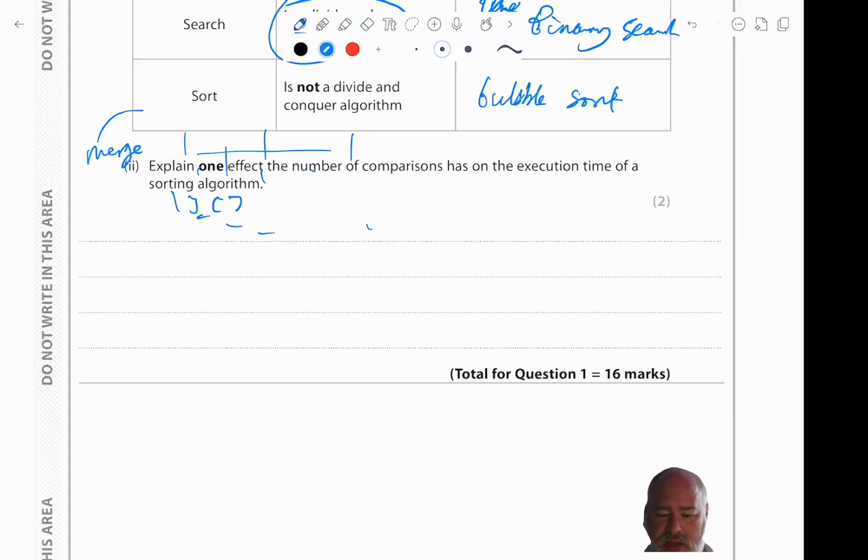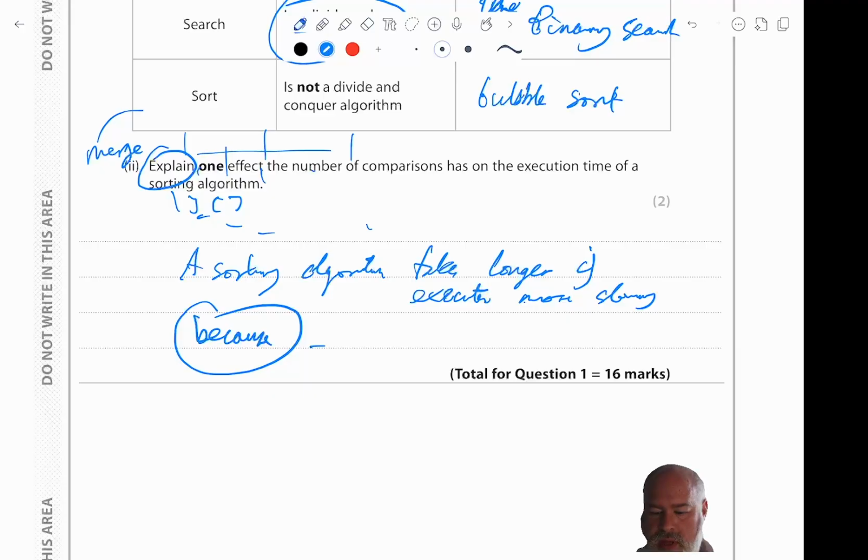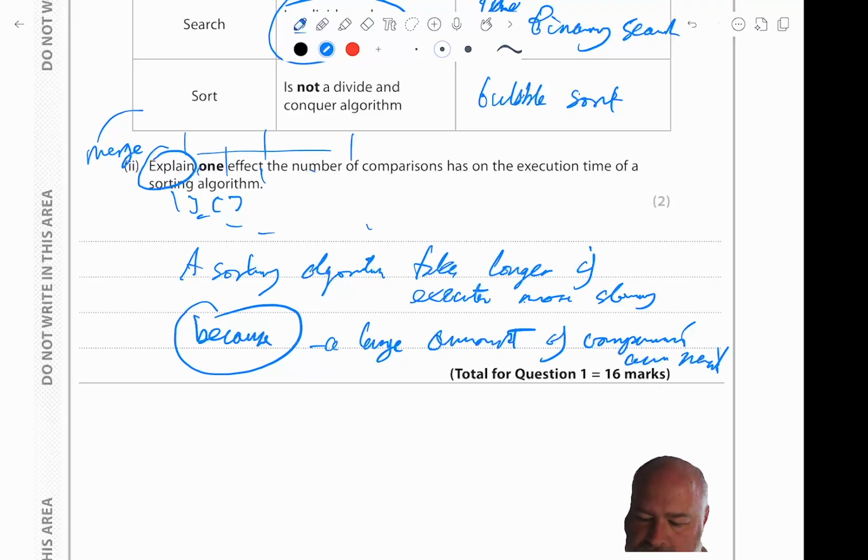So you can say a sorting algorithm executes more slowly, because we always want to have that when you've got to explain, because a large amount of comparisons are made. Okay, pretty common sense, I would say.